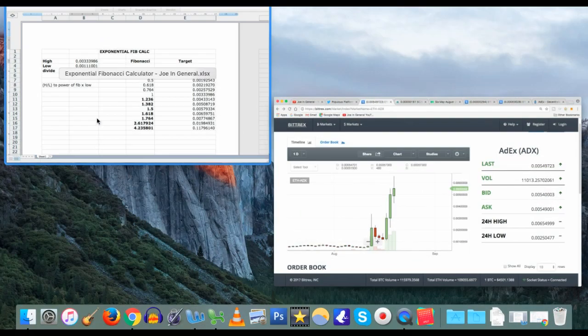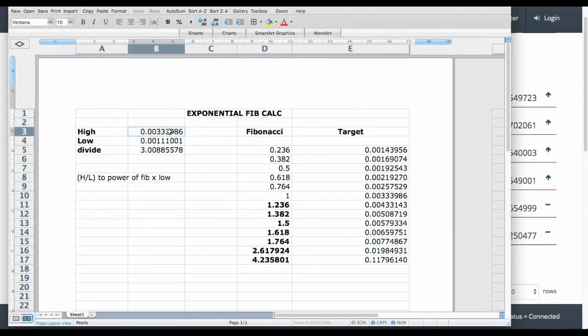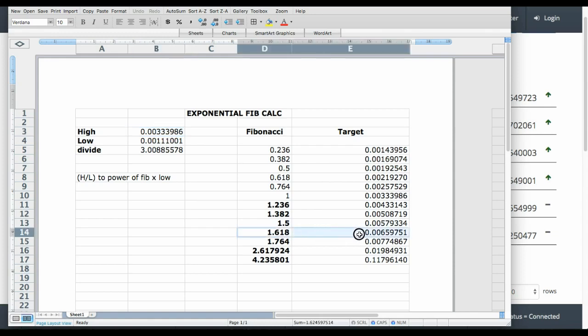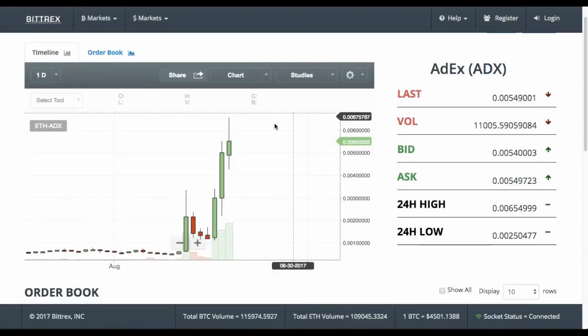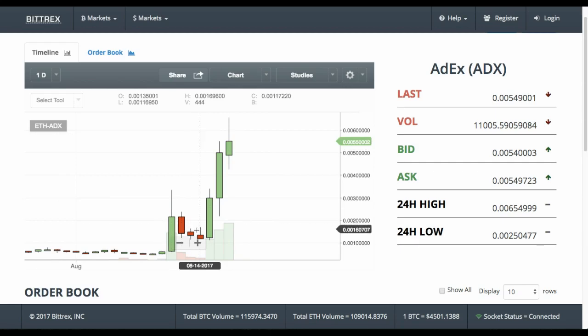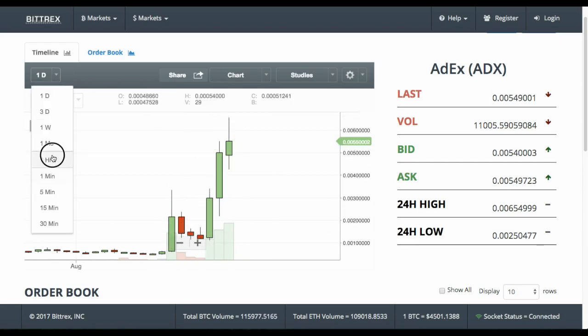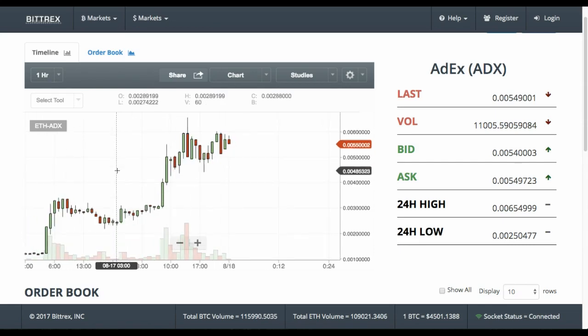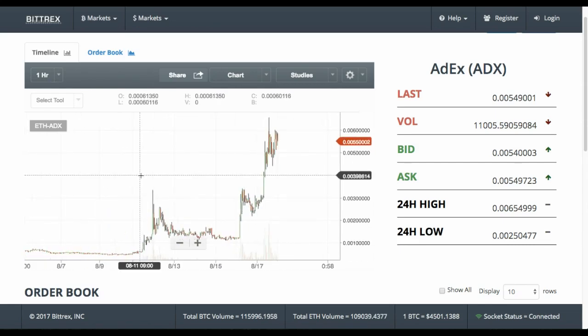When you do the exponential Fibonacci calculation of that high and that low, you get the 1.618 right here at 0.00659. Well, you can call 0.00655 an almost exact hit. That would indicate to me, and as you can tell just by looking at this chart, it's looking quite overbought at this stage.